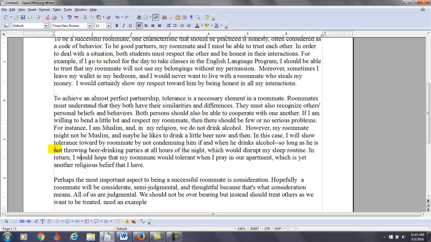In return, I would hope that my roommate would, how about this, return his respect by being tolerant when I pray in our apartment, which is yet another religious belief that I have.